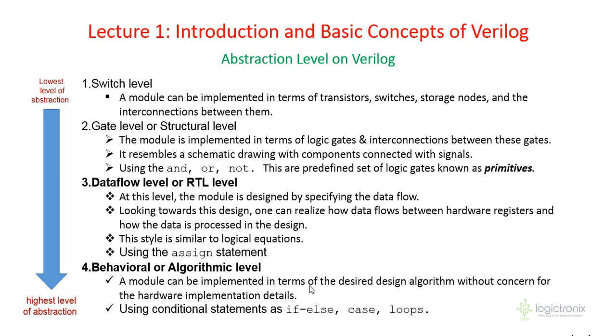We can even write the code in fewer statements or fewer lines than the switch level. Switch level needs lots of statements, but behavioral level needs very few. So it gives much more flexibility. So this is the abstraction level in Verilog.